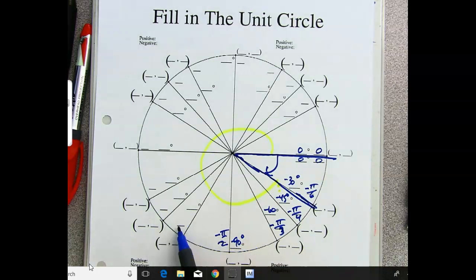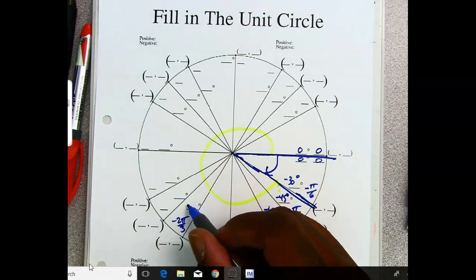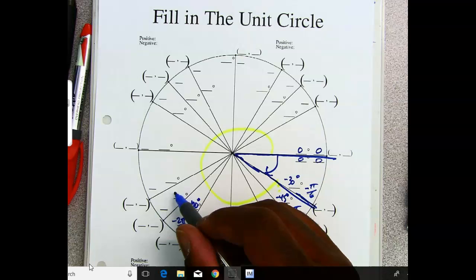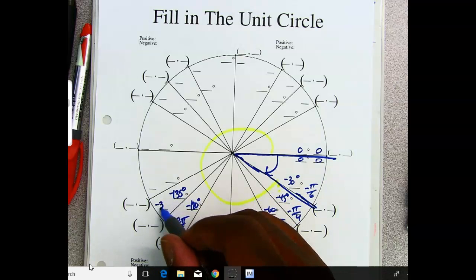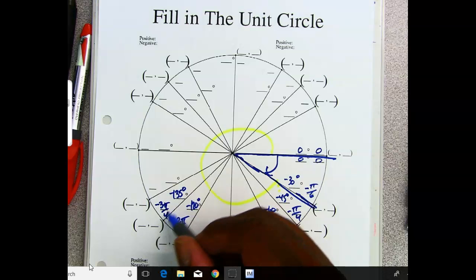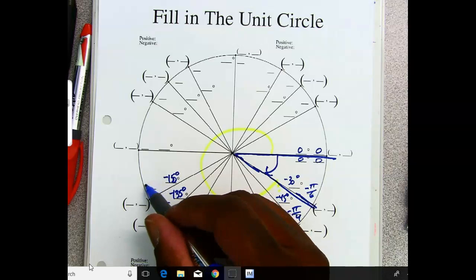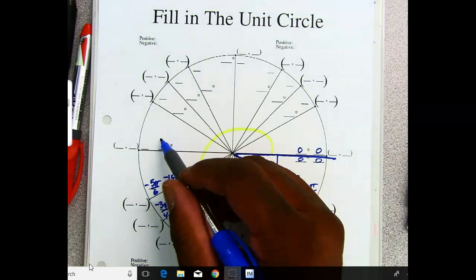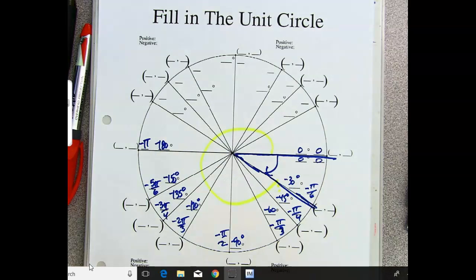All right, let's go ahead and finish this up. So this angle here would be negative 2 pi over 3 and negative 120 degrees, negative 135 degrees, negative 3 pi over 4, negative 150 degrees, negative 5 pi over 6, negative 180 degrees, and then this would be negative pi.